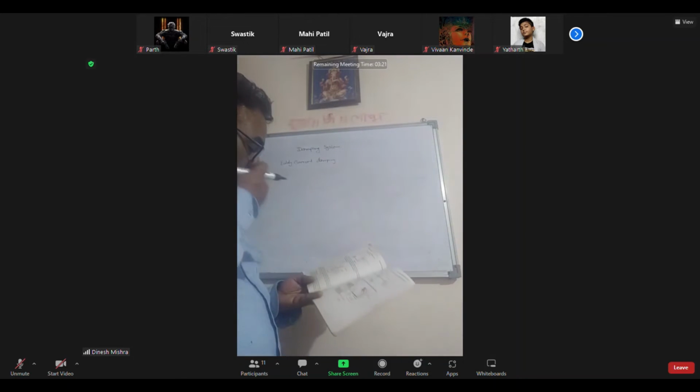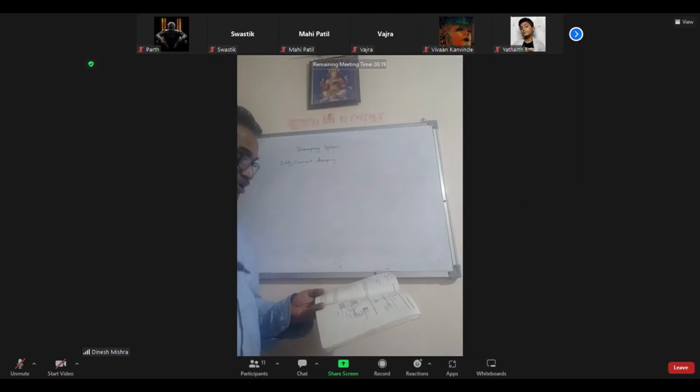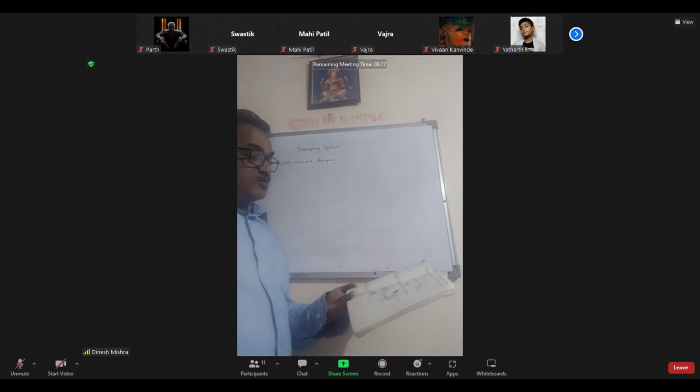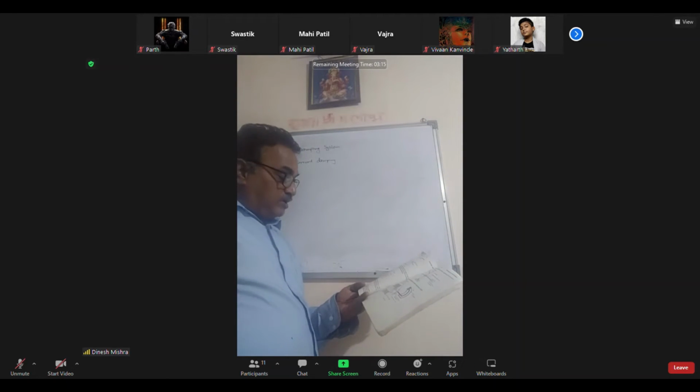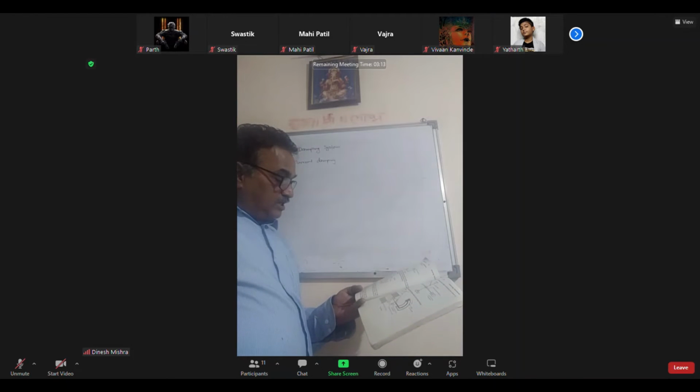So a circular aluminum disc is mounted on the spindle, and when the spindle moves, the disc also moves, and the moving disc cuts the magnetic field of the damping magnet.